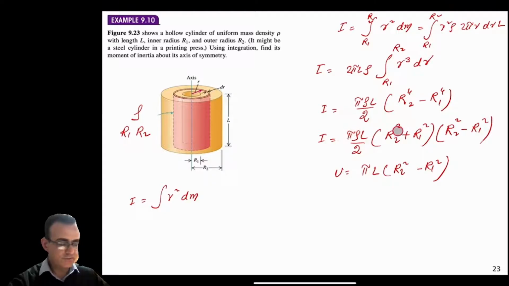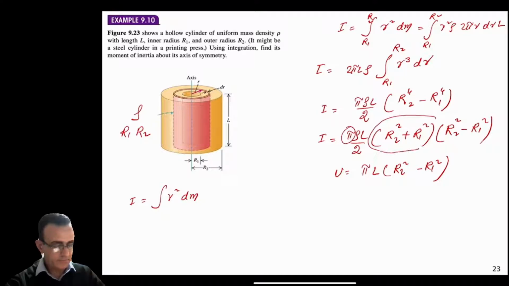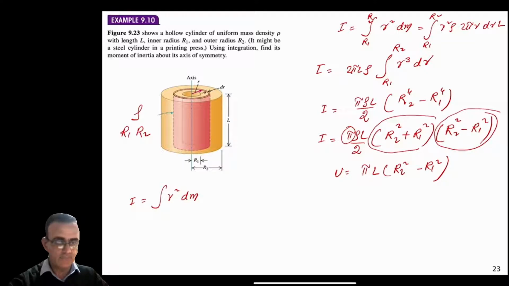So if we take pi and this first part, plus this part here, and L is just the volume, then if you multiply volume with the density, it will just become density and volume of the cylinder, and then R2 square plus R1 square, and then divided by 2.